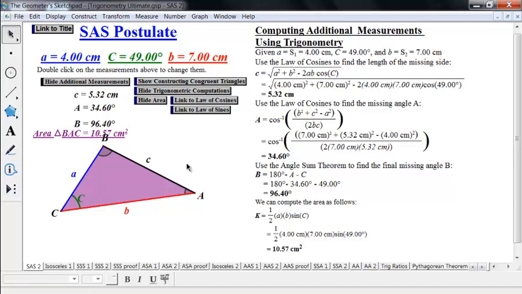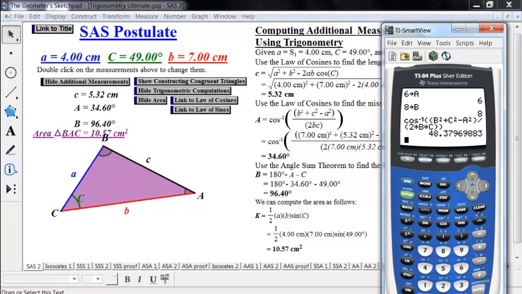So notice we're given a, or side 1, is 4 centimeters, the angle between, which is C, is 49 degrees, and side b, side 2, is 7 centimeters. That's the side angle side condition. So use the formula c equals the square root of a squared plus b squared minus 2ab cosine of c, and simply plug in a, b, and angle C, and we should be able to compute this to be 5.32.